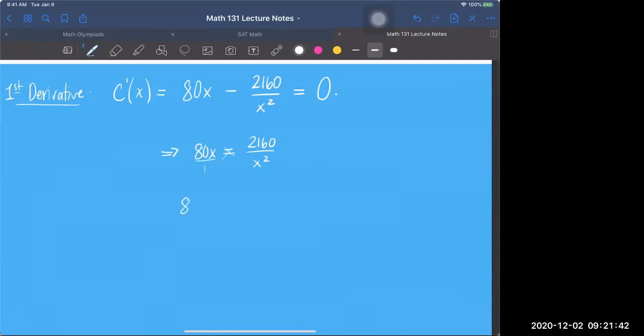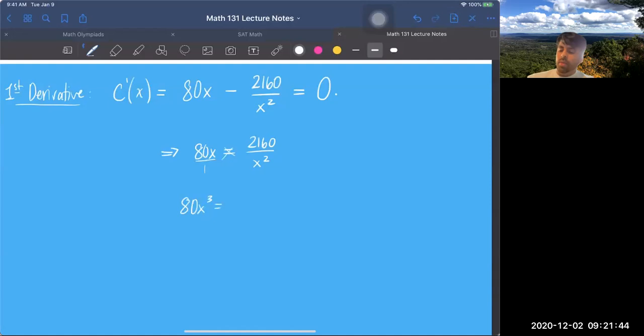And I get 80x cubed equals 2160. And then I can divide both sides by 80, and I get x cubed equals 216 over 8, because the zeros here can cancel. But what can I do now?